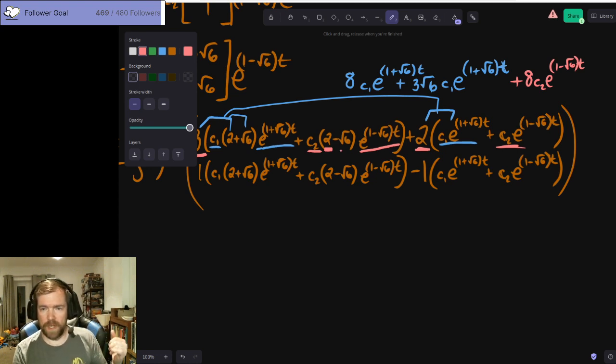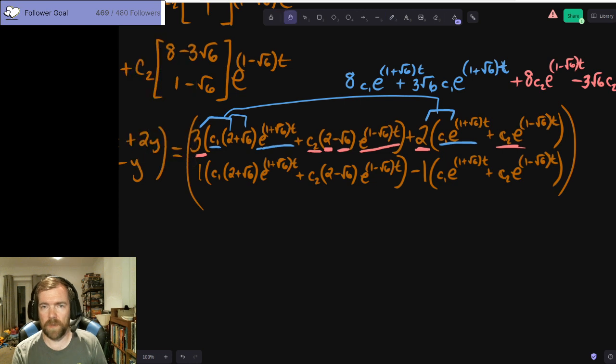And then 3 minus root 6 is here, so that's a negative 3 root 6, c2 with the same e. So those get combined.